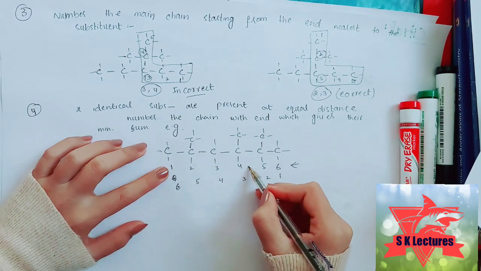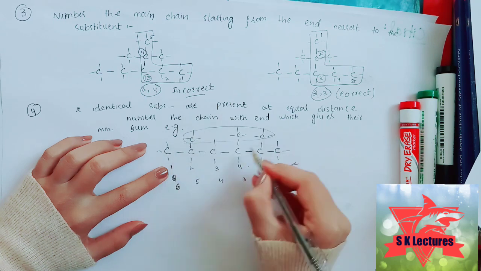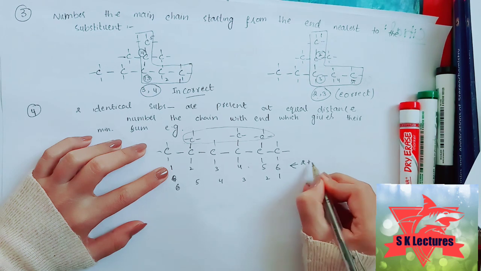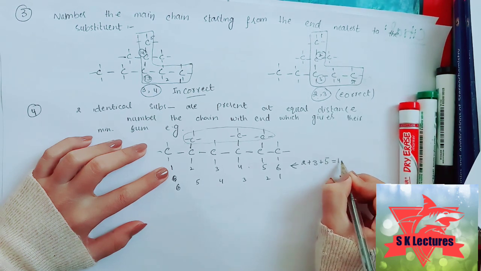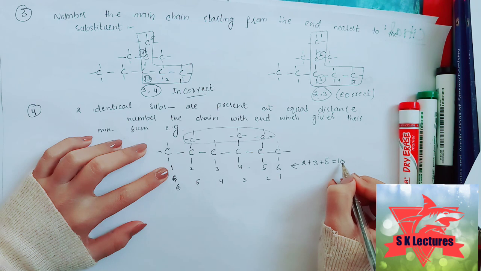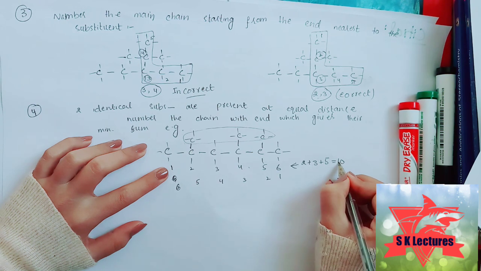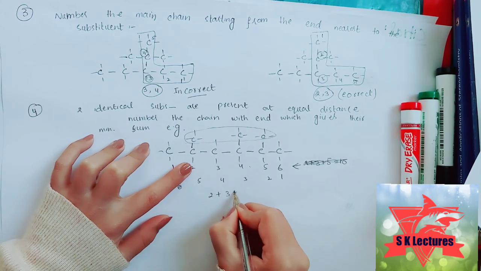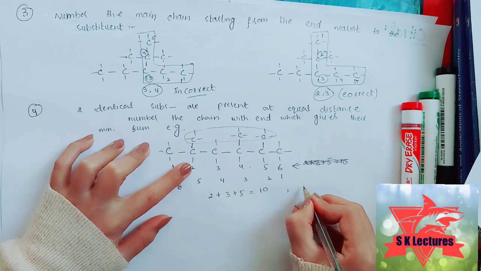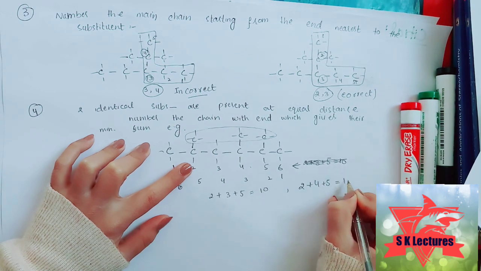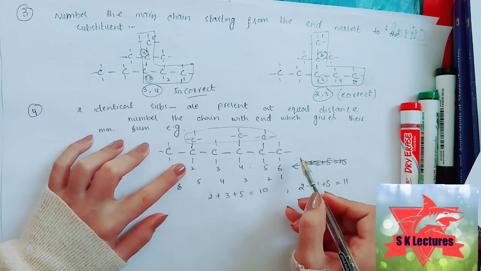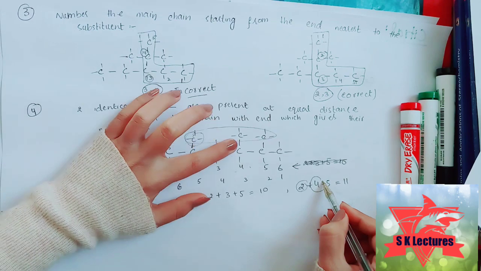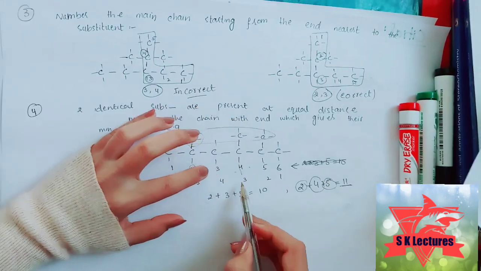In the first case, the substituents are on positions 2, 4 and 5, and that sum will be 11.